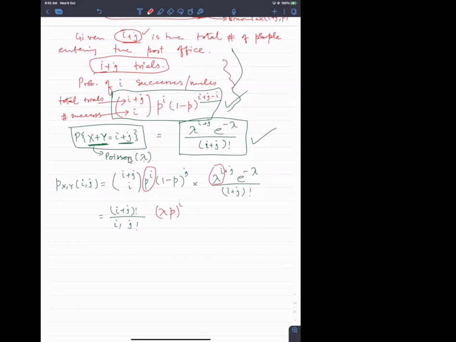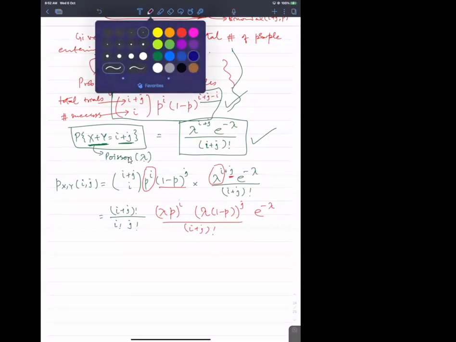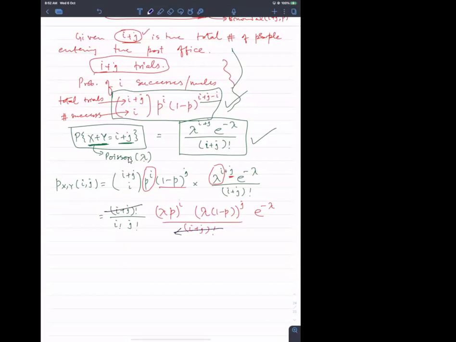And this 1 minus p power j and lambda power j we combine, so this would be lambda into 1 minus p power j. And then we have e to the minus lambda divided by i plus j factorial, and this i plus j factorial goes away with the other i plus j factorial.